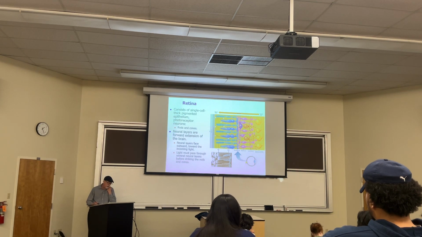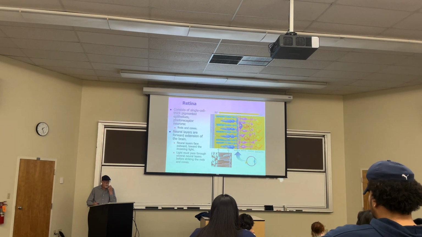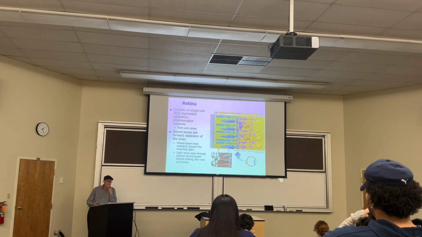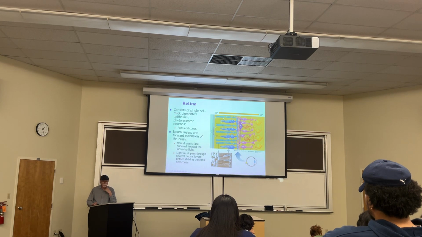But this underlying choroid layer, right underneath the retina, is very vascular, and so the very metabolic active photoreceptors in this design are closest to the choroid layer, so oxygen and nutrients can diffuse a much shorter distance than if they were at the front of the retina. So that's a theory anyway.